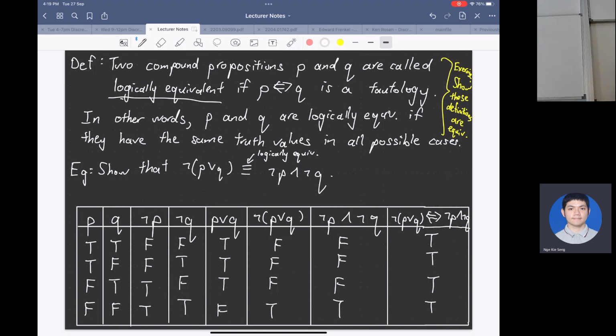And then here, this is parallel, P or Q. Okay, this is one. This is another one. Okay, let's check. So P or Q is 1, not 1, 0, 1, not 1, 0, 1, not 1, 0.